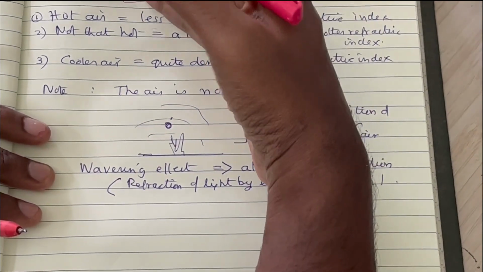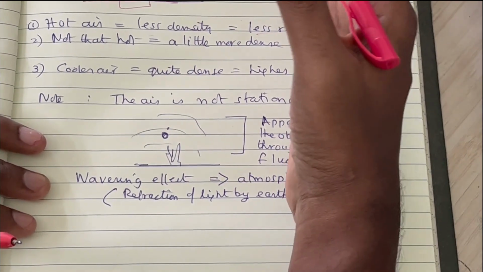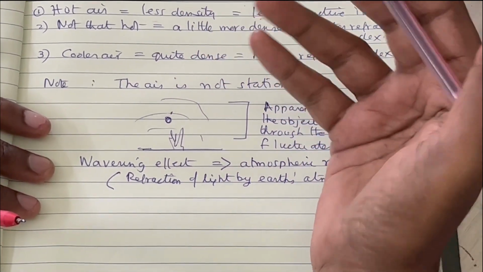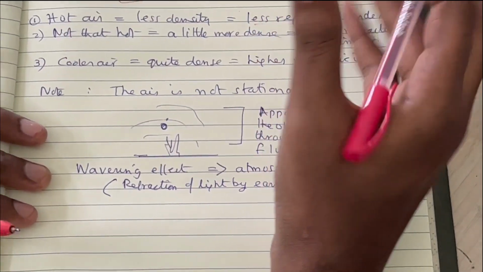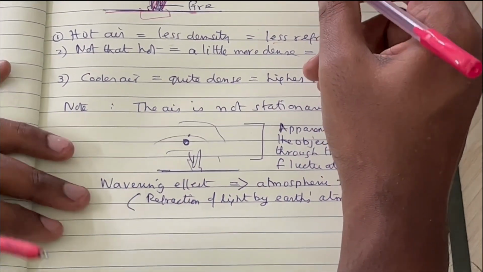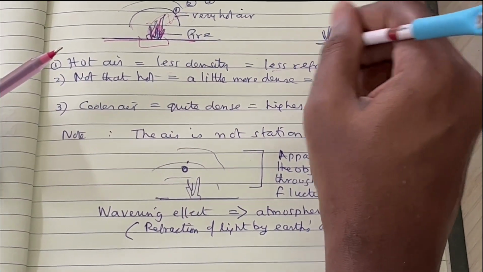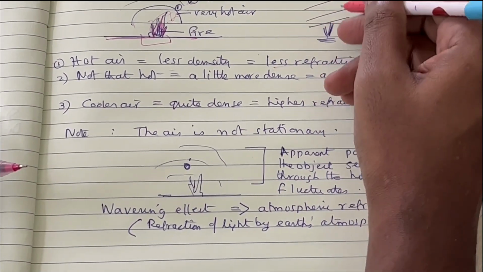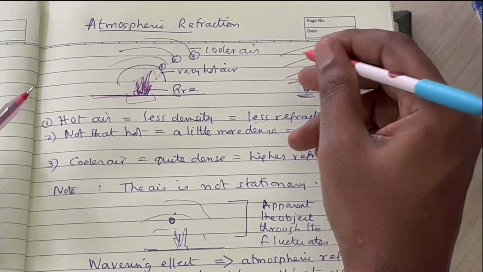And far away from the fire, naturally it will be cooler, denser air, which means that area will have a higher refractive index. So if this is the fire, we are seeing different regions of the air having different refractive indices.